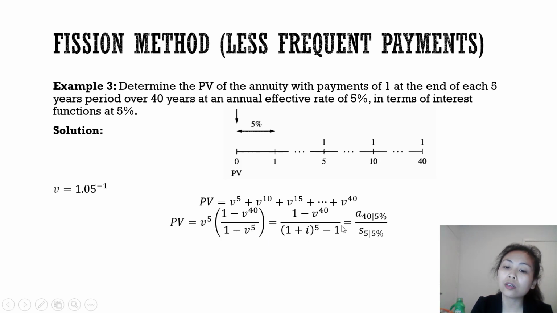So here this is basically the ratio of A40, the present value of an annuity immediate of 40 payments with 5% interest effectively. And the bottom is S5. That means the accumulated value of an annuity immediate of 5 payments with 5% effective rate of interest over its year. The reason is because if we divide the numerator by i and the denominator by i, we have the annuity symbols. And i with i cancel, so this is how we got the final answer here.